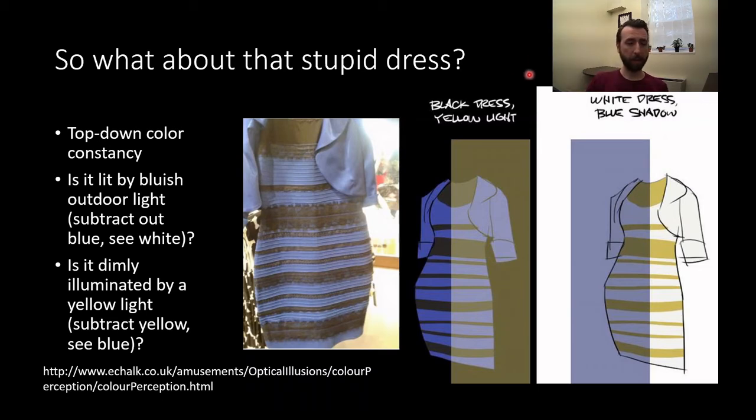So for me personally, I default to seeing this as a white dress with gold trim. But if I think about it as being lit differently, if I think about being inside, being lit by a sort of pale yellow light, I can flip my perception and see it as a black dress. It's hard to do, but you can do it if you try.